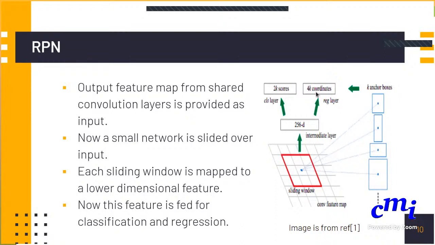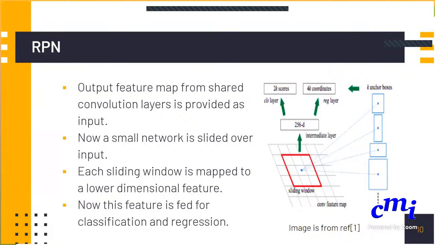So for example, when I get four coordinate layers, for each anchor I will get a different coordinate layer, and for each anchor I will get a different score. So depending on the location in my convolution feature map, I would know what the shape and size of the anchor boxes should be, because the shape part was not very concrete in the earlier networks.